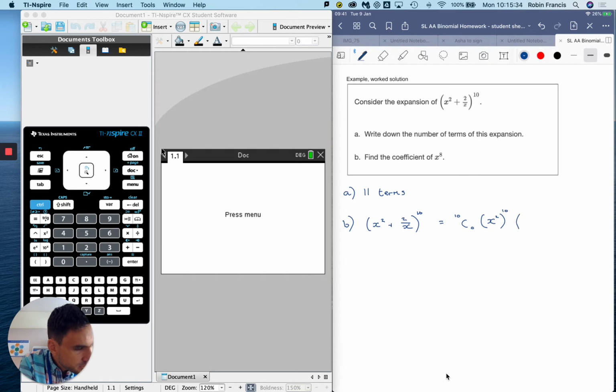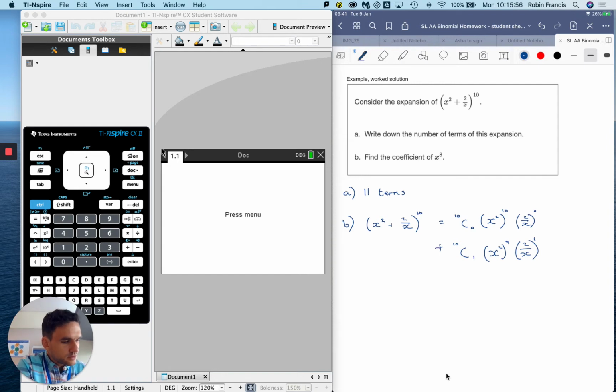So 2 over x to the 0, and then we're going to add to that the second term, 10 choose 1: x squared to the 9, 2 over x to the 1. The powers have to add up to 10.